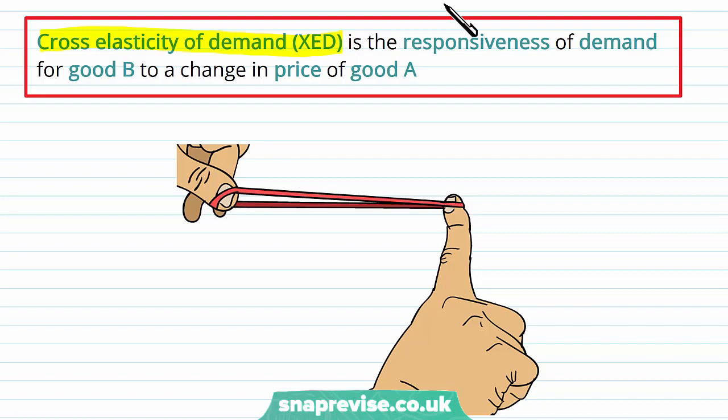XED is the responsiveness of demand for good B to a change in the price of good A. So the price of one good is changing, and that's affecting the demand for another good. In the ice cream and ice lollies example, it was the price of the ice lollies that was changing, and that's essentially good A. And that's affecting the demand for good B, our ice cream.